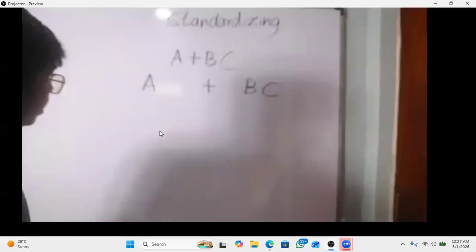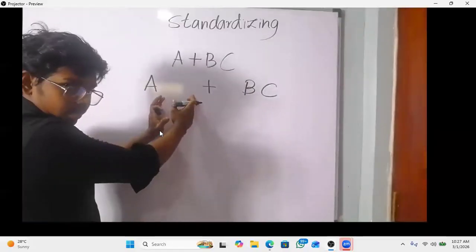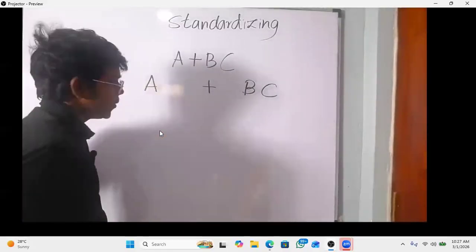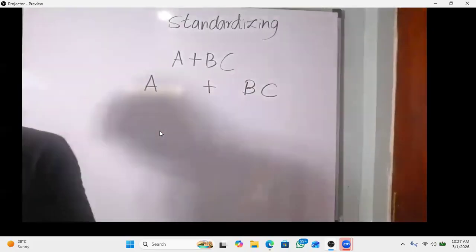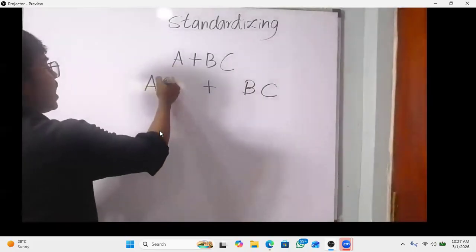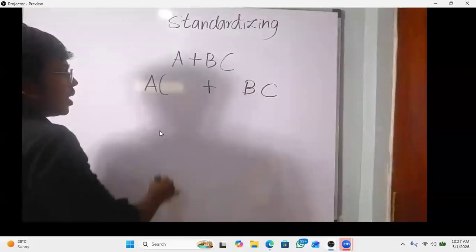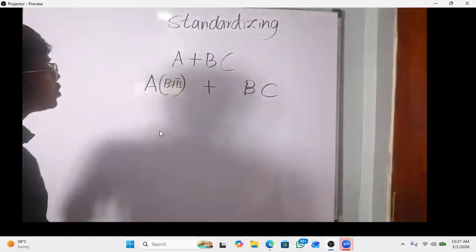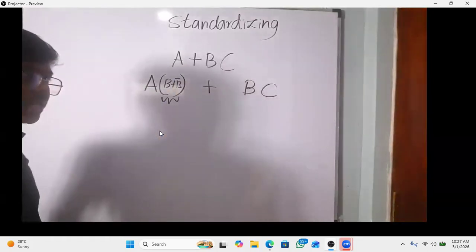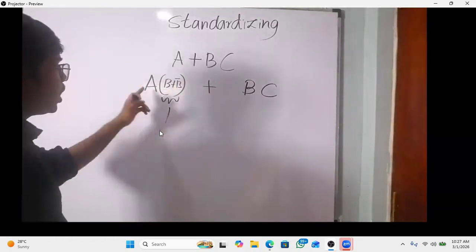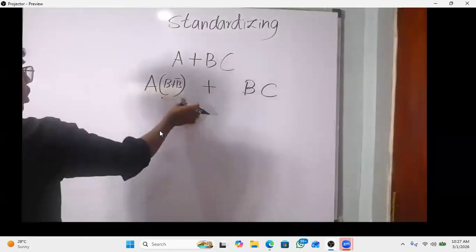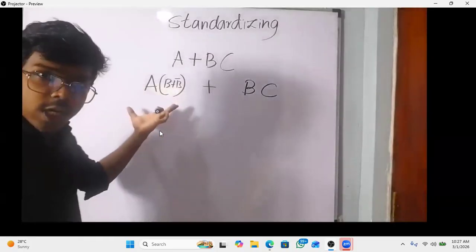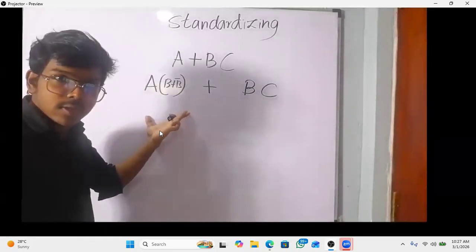Now, this term doesn't have B and C. So we can add B. How do we add B? B plus B bar is what? 1. 1 into any number A, so there is no change. The value doesn't change.